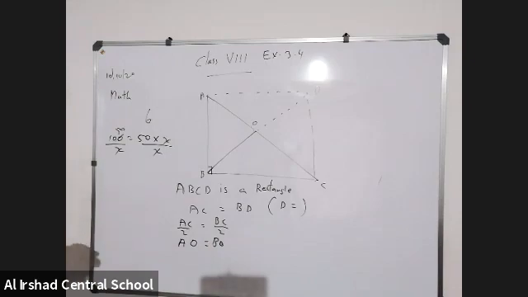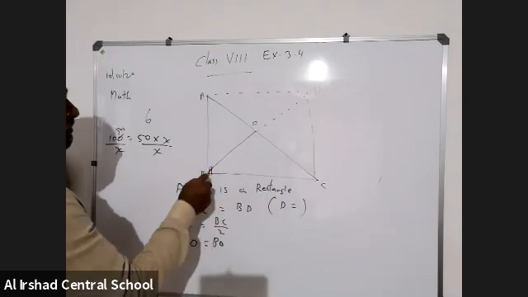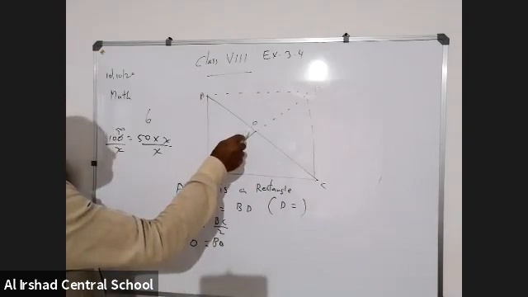What do we have to prove? Explain why O is equidistant from A, B and C. That means AO is equal to BO.